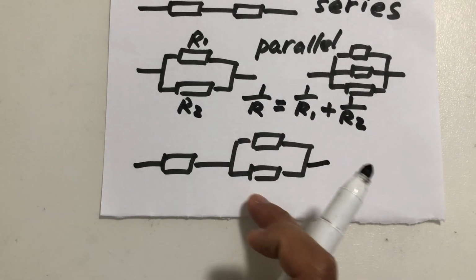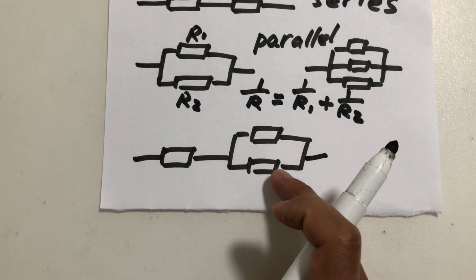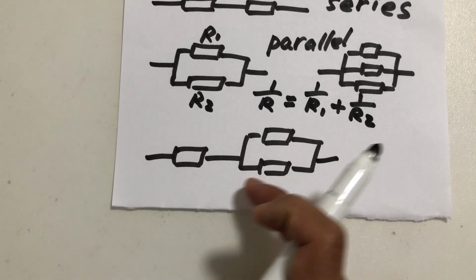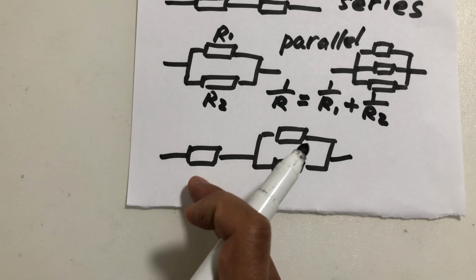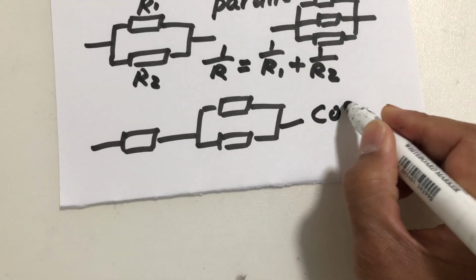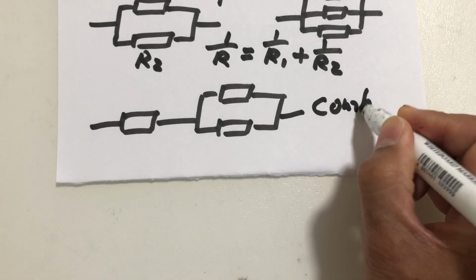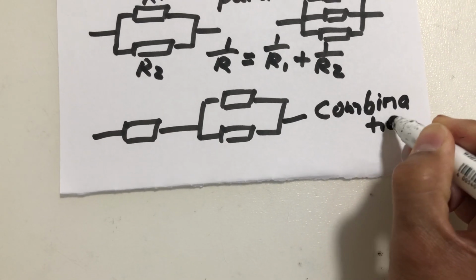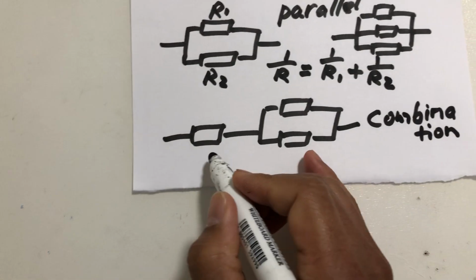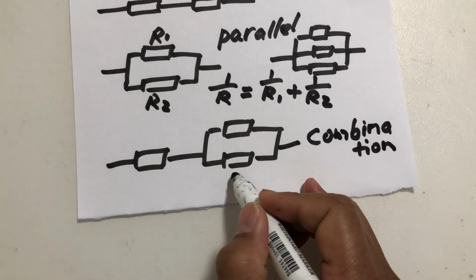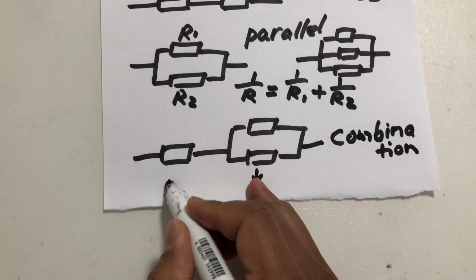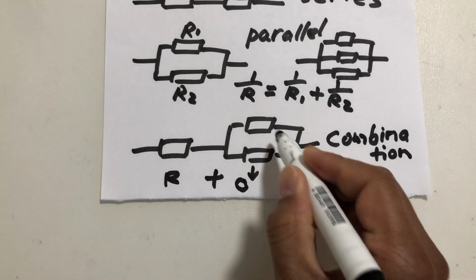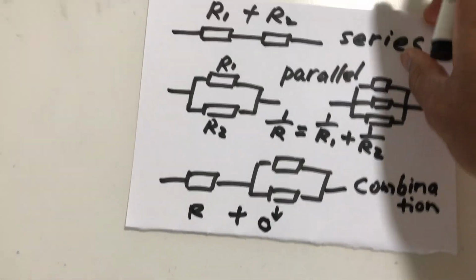So you have to calculate the parallel first using this formula, get the total of this one, and then plus this one. So this is a combination. Use the formula.